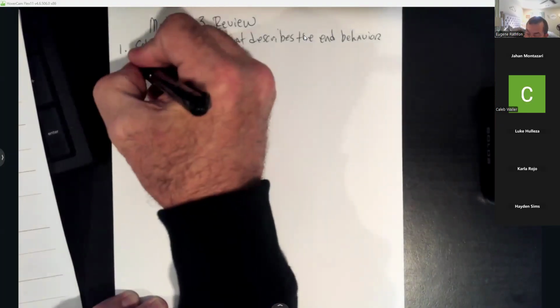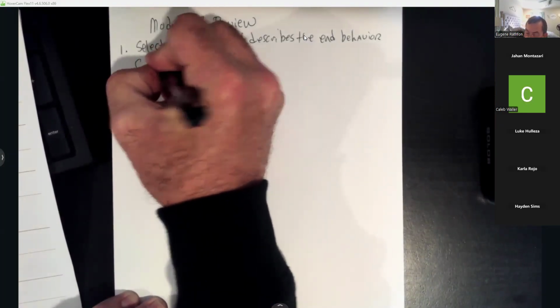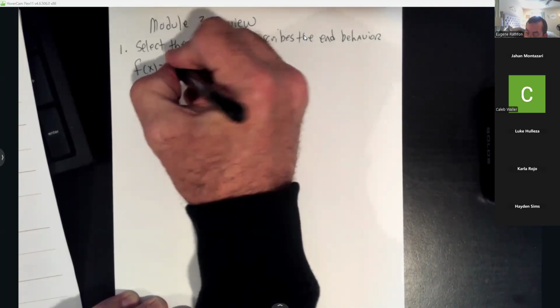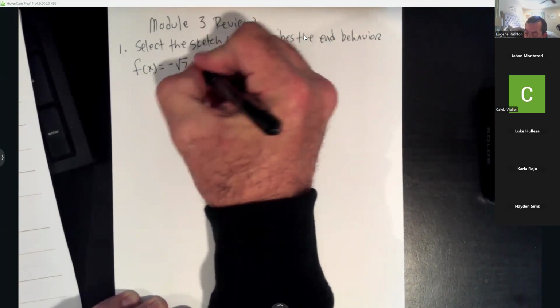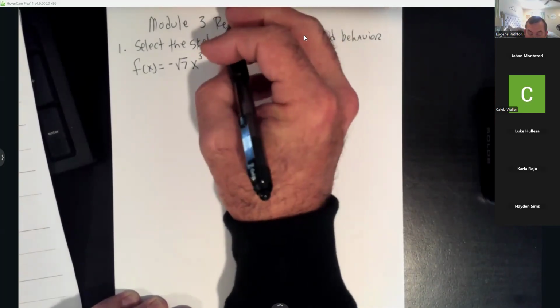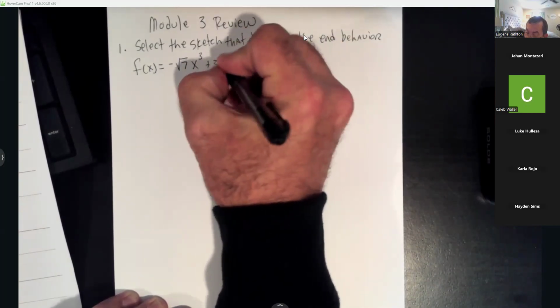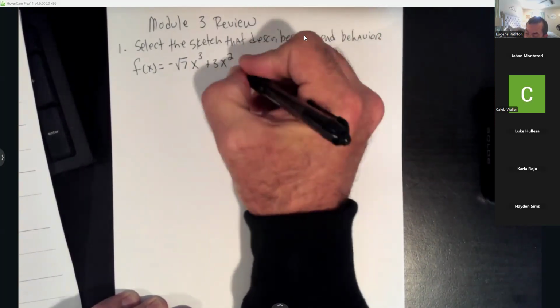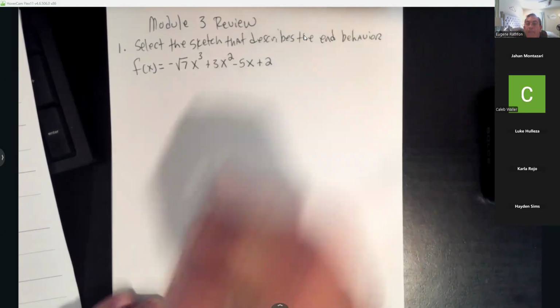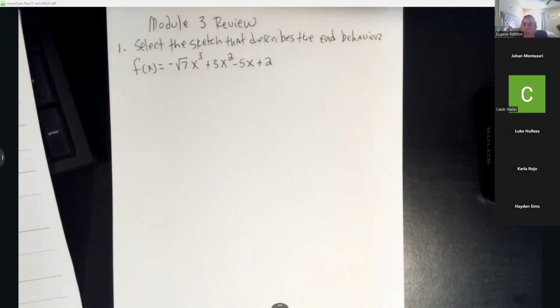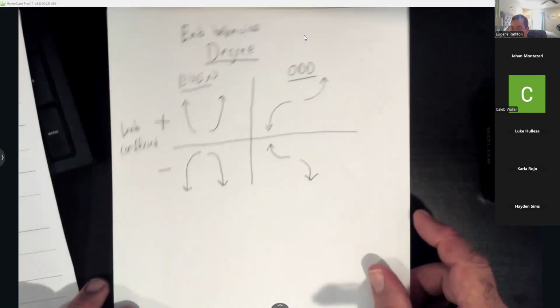They're giving me f of x equals negative square root of 7 x to the third plus 3x squared minus 5x plus 2.